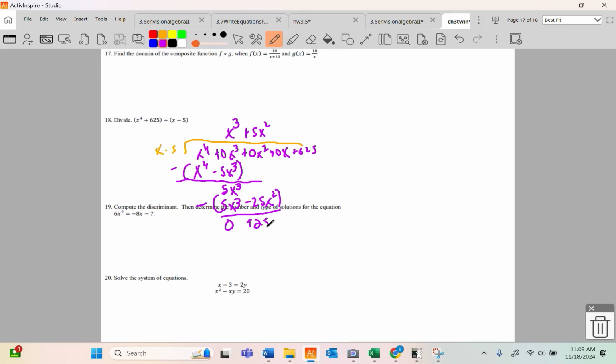I'll make that plus 25x squared. Let's see here. To become 25x squared, I need 25x. And I'll get 25x squared minus 125x. And that'll give me 125x. Now I need 125. So plus 125. And I get 125x minus 625.